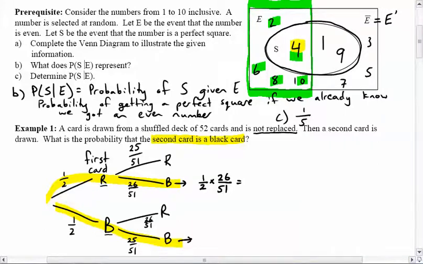And the probability for this branch comes from the probability that the first one's black and the probability that the second one's black, given that the first one was black. So we have 13 out of 51, and 25 out of 102.